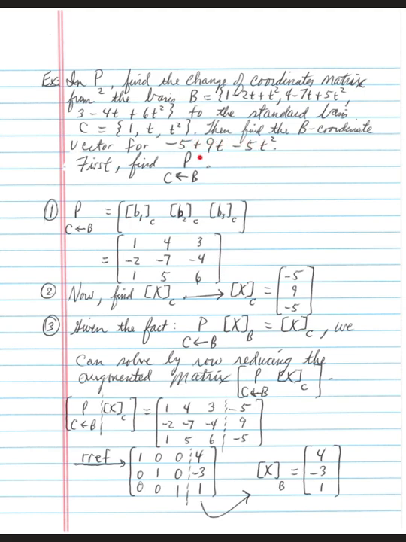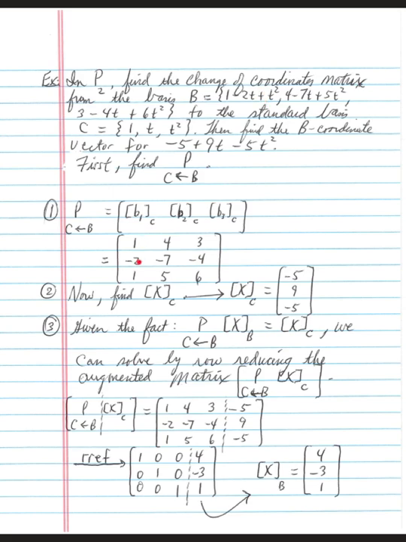Okay, so first we're going to find the change of coordinates matrix from B to C. And that's going to be all of our vectors in B in order. So our first term from B, we have 1, -2, and 1.